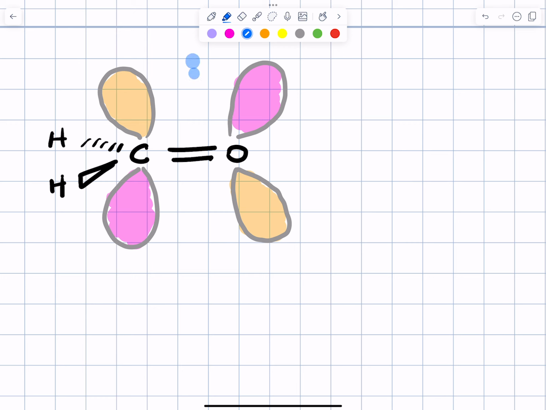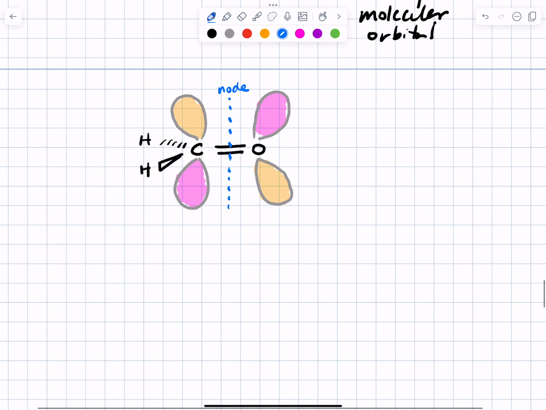In the pi star, there is a node in between the two nuclei, and that's common to all antibonding orbitals. The pi star is on both the carbon and the oxygen, and it's the antibonding orbital between carbon and oxygen.